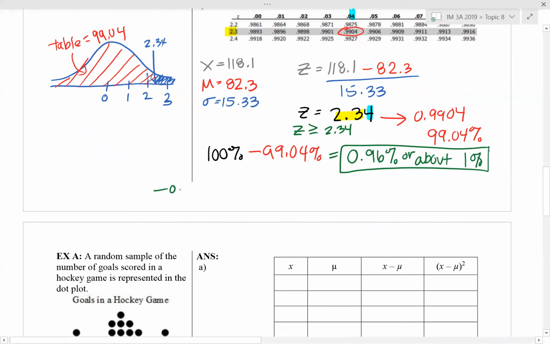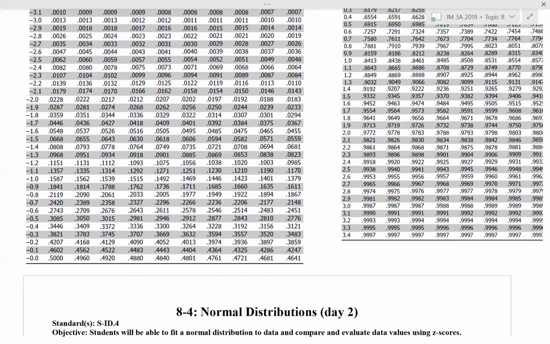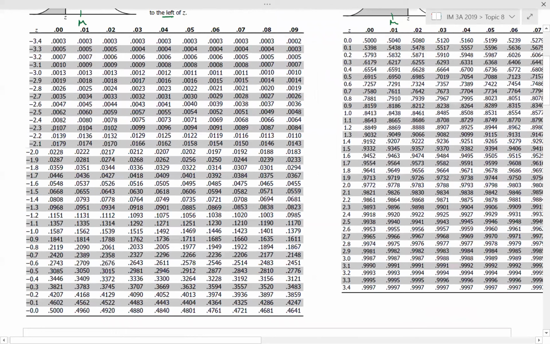An alternative to that, I could look at negative 2.34. So if I look at the z-score table for the negatives, negative 2.34, notice gives me 0.96%. So that value plus the one for positive 2.34, those two numbers should always add to 100.